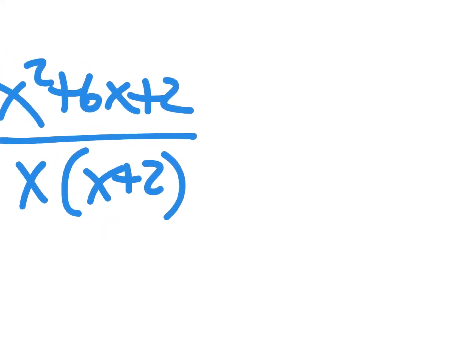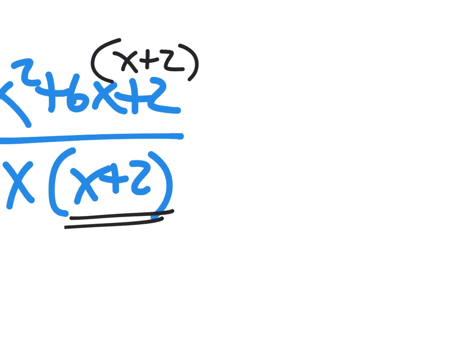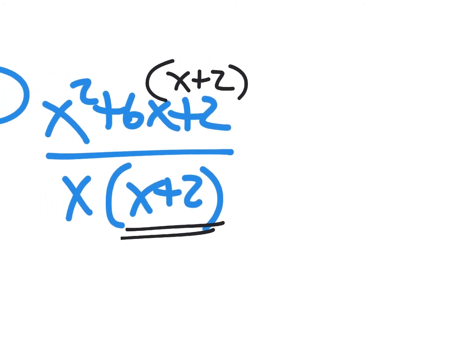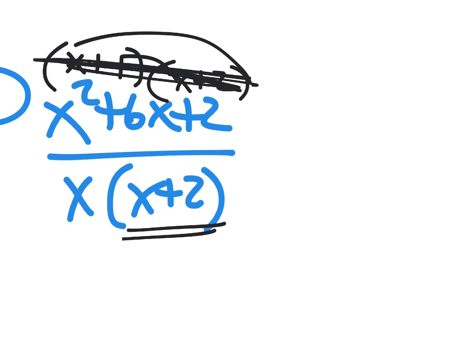Again, I don't even know if we ever set any of these up to cancel, but would this factor and have an x plus 2 in it? That'd be pretty cool, because then I could cancel that x plus 2. But I don't think we actually did. I'm checking it, and the outside and the inside make 3x, so that's not 6x, so that doesn't factor.